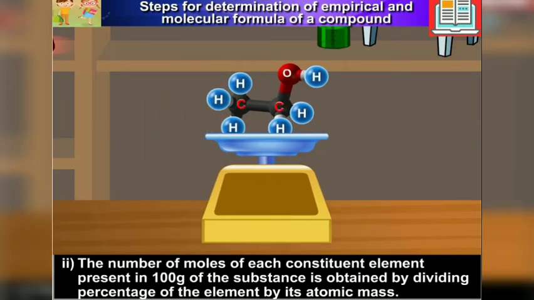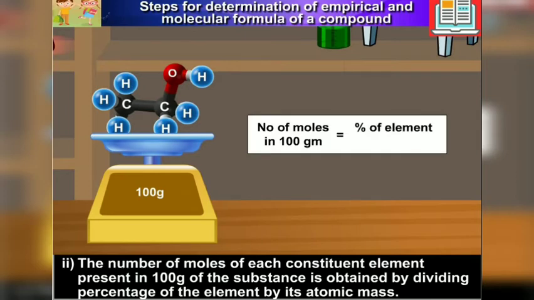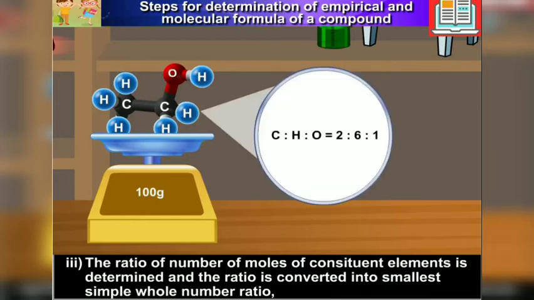The number of moles of each constituent element present in 100 grams of the substance is obtained by dividing the percentage of the element by its atomic mass. 3. The ratio of number of moles of constituent elements is determined, and the ratio is converted into smallest simple whole number ratio.